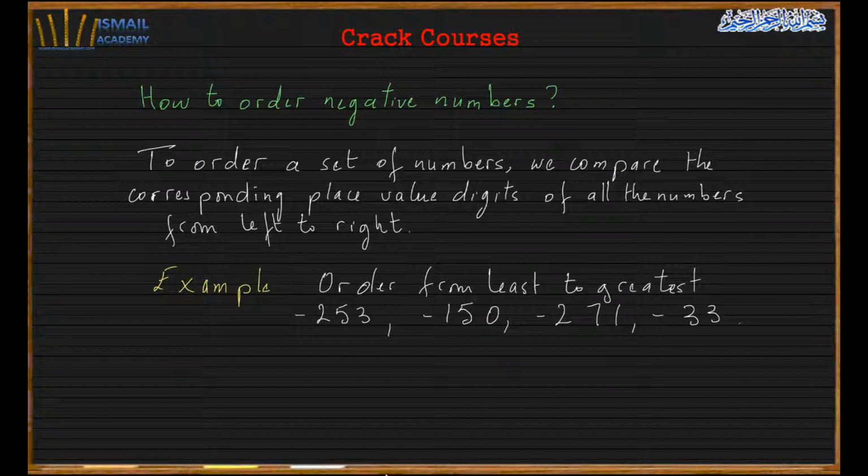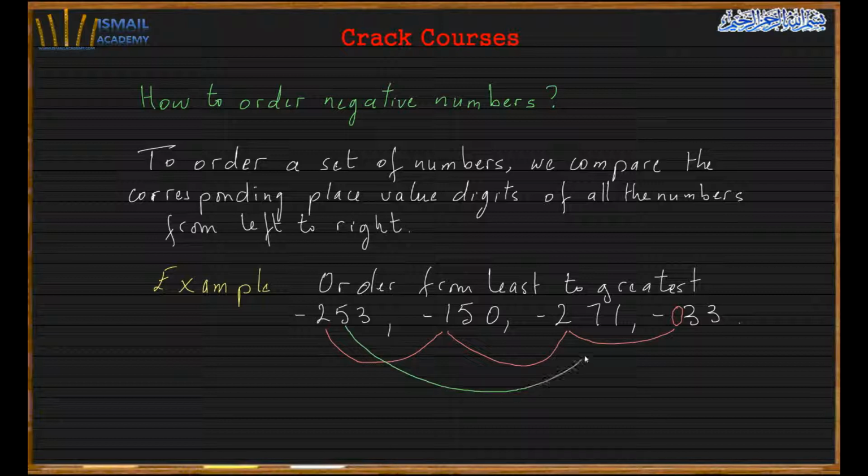So I'm going to start with the 100. This is 2, this is 1, this is 2. I have no 100 here, that means I have 0. So I pick the highest place value. Those two are the highest, so I compare those two together. 2 and 2 are equal, so I move to the tenths.